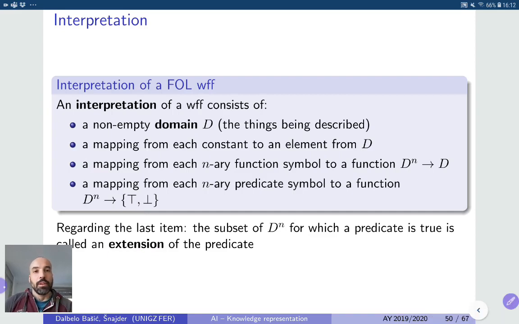Okay, so you can see here that the interpretation structure is actually a lot more complex than what we had with propositional logic, where the interpretation was simply a function assigning truth values to each of the n propositional variables in my formula.